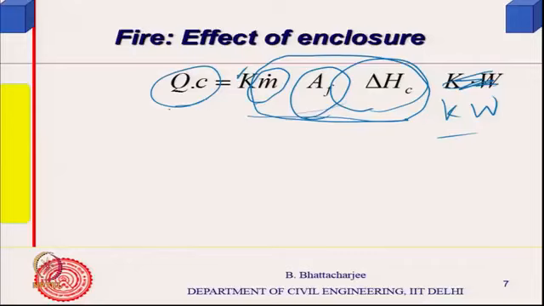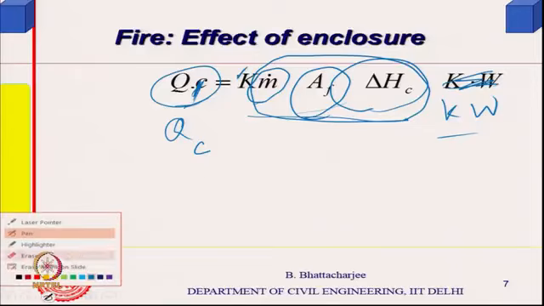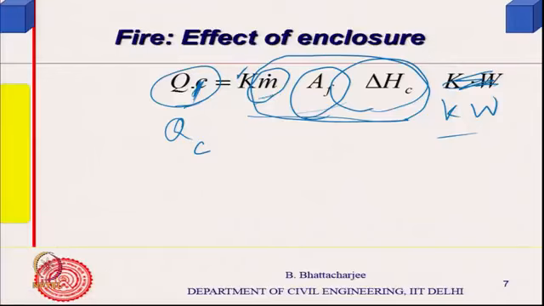So the quantity of heat that would be generated would be given by Q. Actually it should be written as QC, the heat generated in combustion. It is K m dot AF delta Hc in kilowatt. It is the rate of heat generation, because the mass is generated per unit area per unit time and multiplied by the area, so the area part is gone.